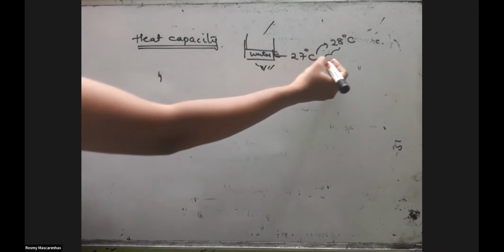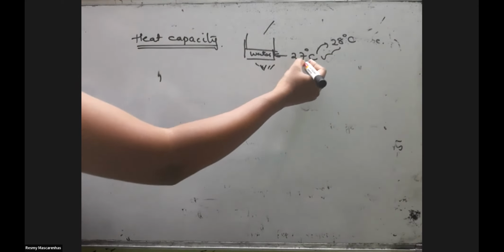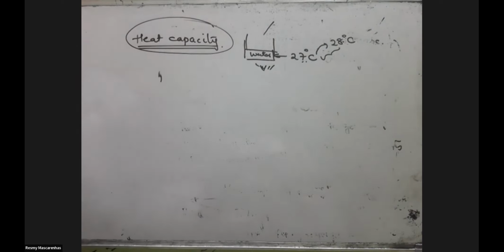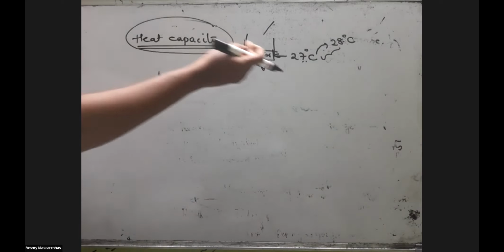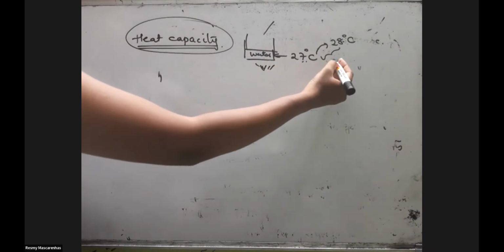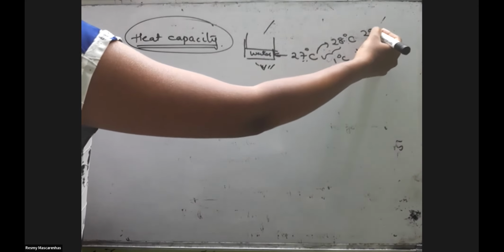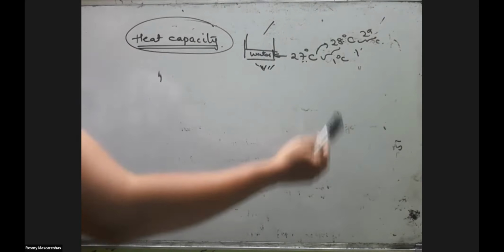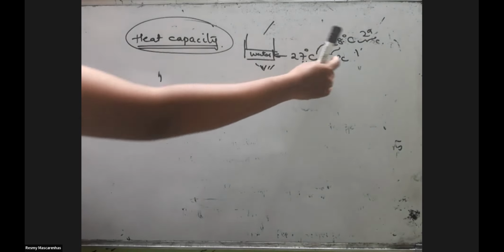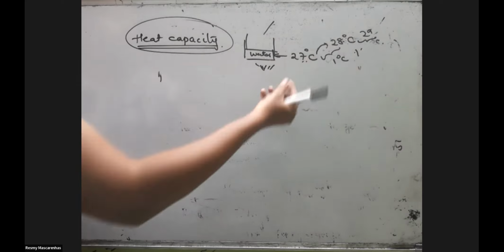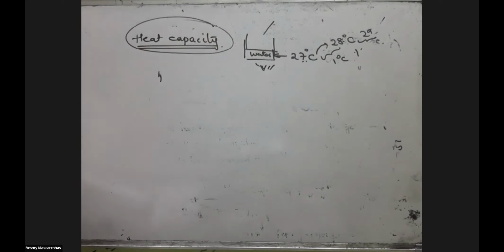How much heat I need to change it from 27 to 28 is nothing but your heat capacity. In terms of definition, if you want to increase the temperature of any object by 1 degree Celsius, that way it will work for another 1 degree, 28 to 29, and so on. As per the standard definition, to increase by 1 degree, how much heat I will need.